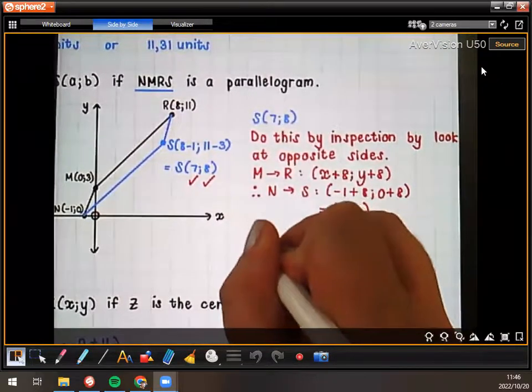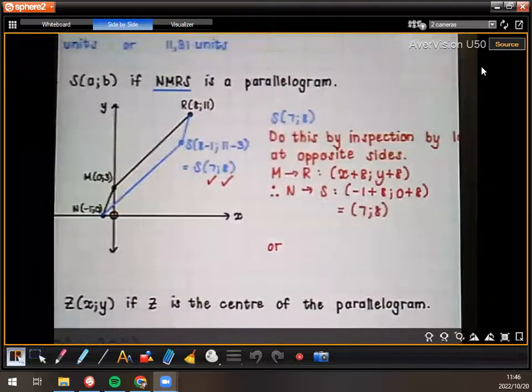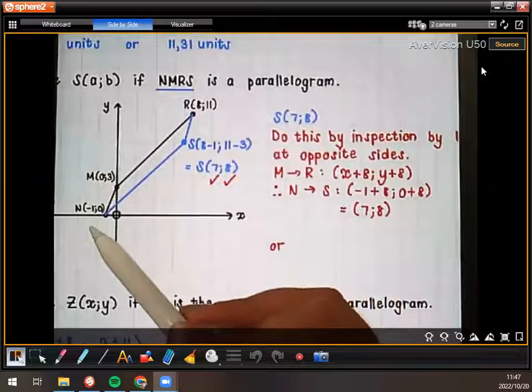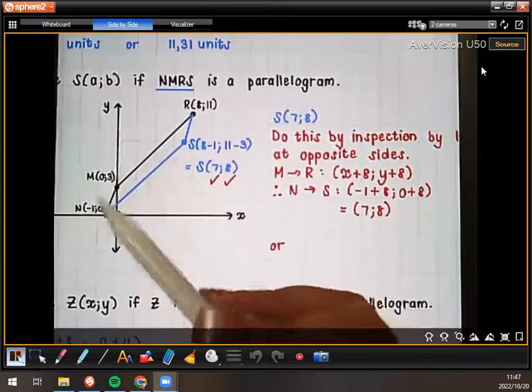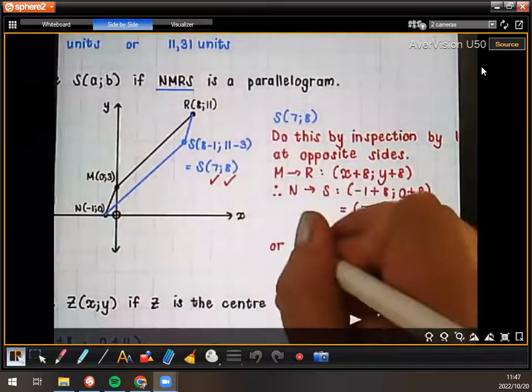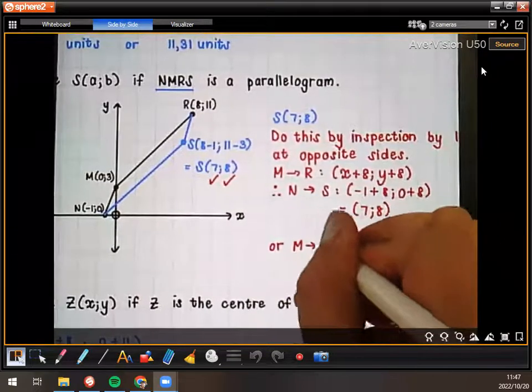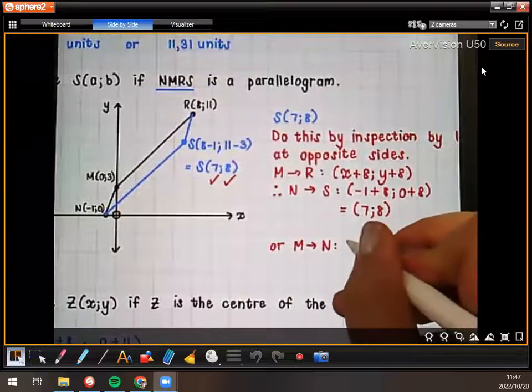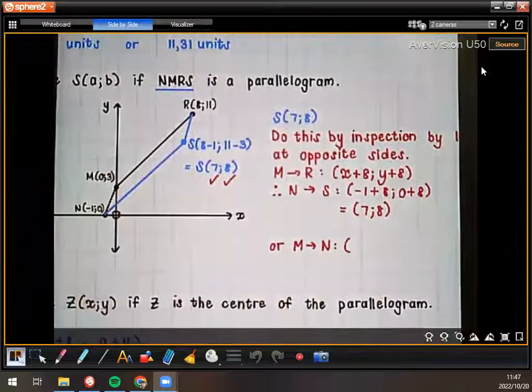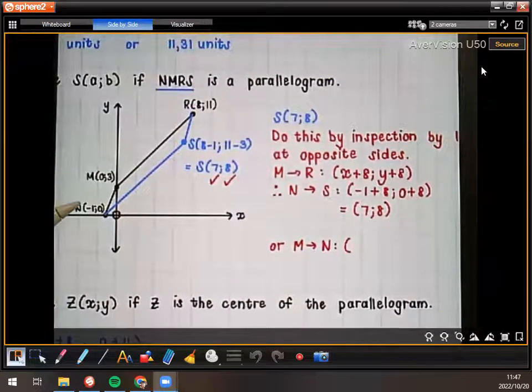Or you could have looked at M to N, right? You could have looked at those sides, or these two opposite sides, from M to N. What's happening with those coordinates there? What happened from the x value of M to the x value of N?